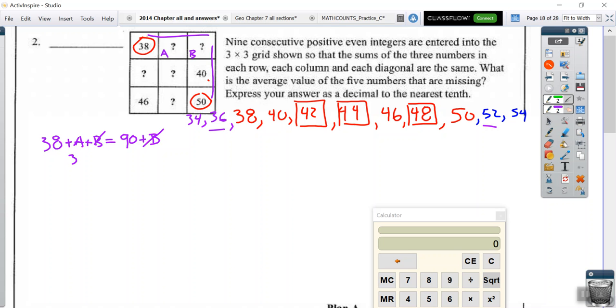So I get 38 plus A is equal to 90. Okay, so then that means A is equal to 52. So this square right here is equal to 52. All right, well, if that is equal to 52, that's pretty helpful.